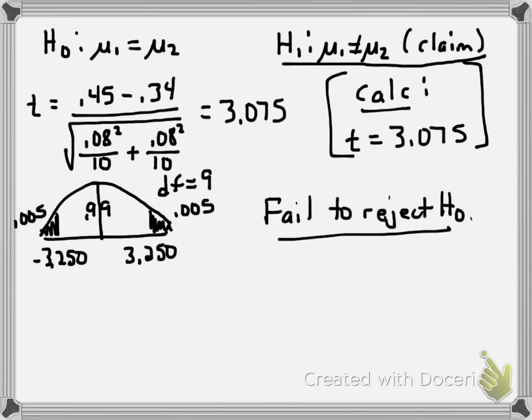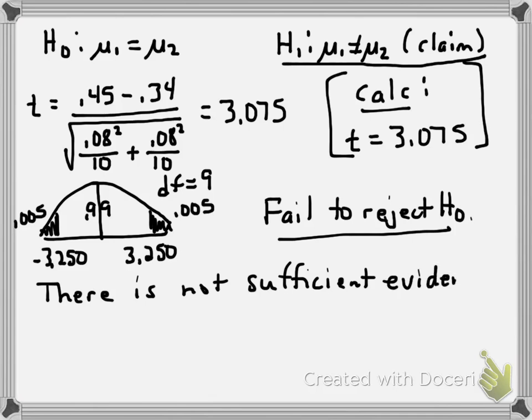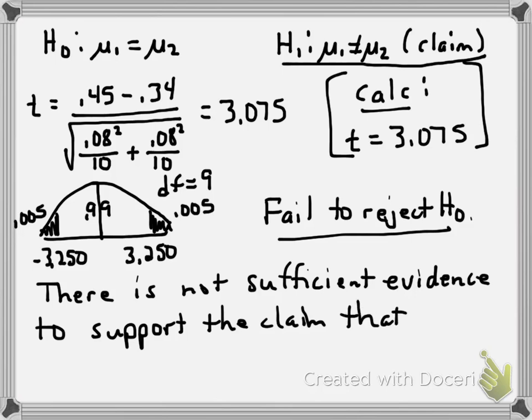We fail to reject the null hypothesis, so there is not sufficient evidence to support the claim that mean 1 is not equal to mean 2.